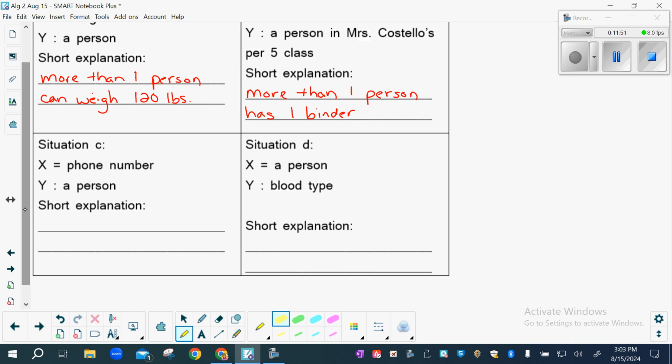Most people just have their cell phone. So we're going to say yes. A phone number goes to a specific person.